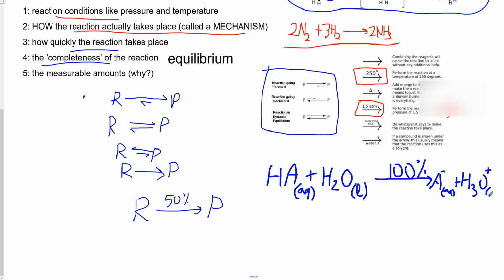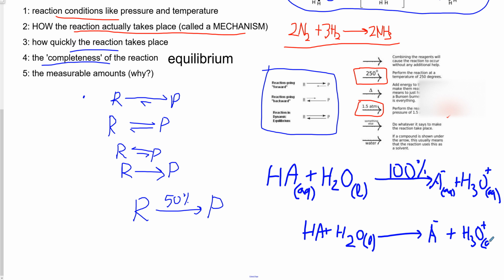So that's a strong acid. But we saw you can also have a possibility with a weak acid. And in a weak acid, we're still making H3O, we're still making a hydronium, and whatever the counter ion is going to be there. We just call it A minus.